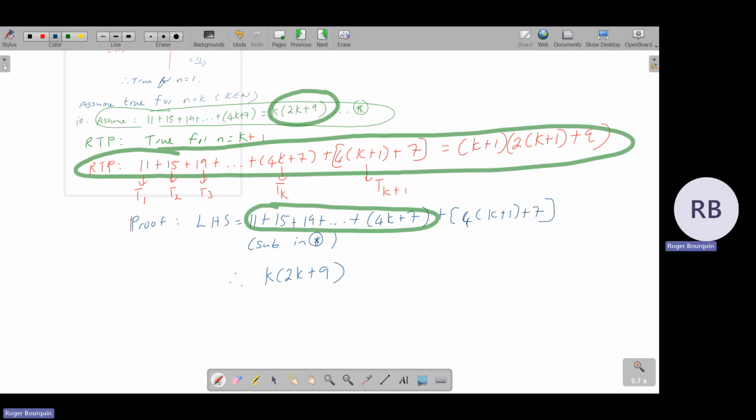Plus what? What's left on the left-hand side? Don't forget, you've still got this guy over here, plus 4 times (k plus 1), plus 7, right? So this is the left-hand side. We can go and probably it's going to be just times up. So the left-hand side and the right-hand side are the same. Right, carry on.